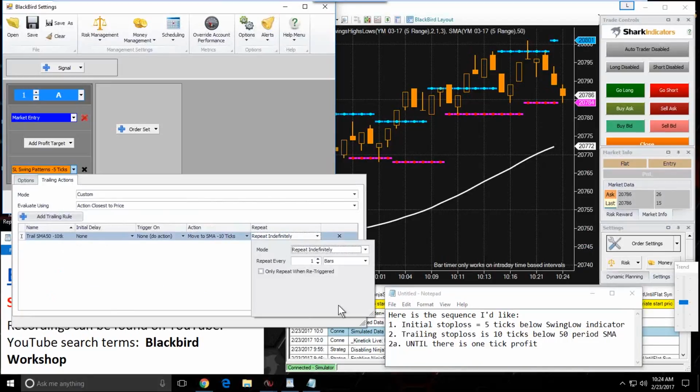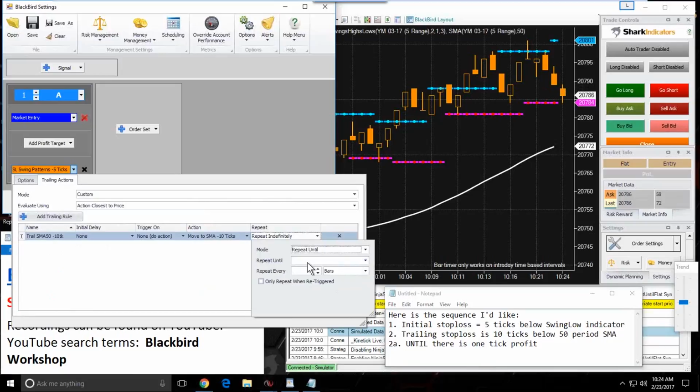And so we do actually have a limitation on how often we are going to move our stop loss to the SMA. So we're going to repeat until there's one tick in profit.